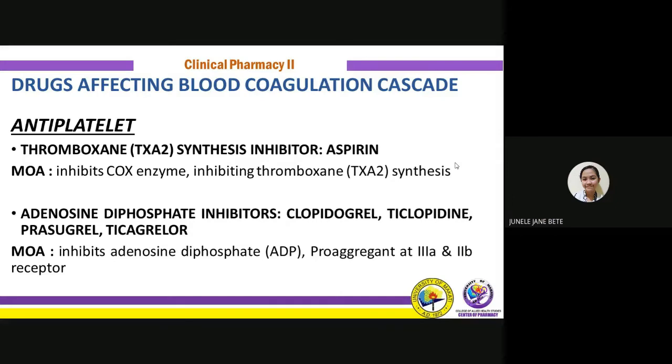Adenosine diphosphate is one of the agonists present at the site of vascular injury, and it activates the platelets by binding to a specific receptor on the platelet surface, the glycoprotein 3A and 2B receptor. This is where the von Willebrand factor binds to produce platelet aggregation.